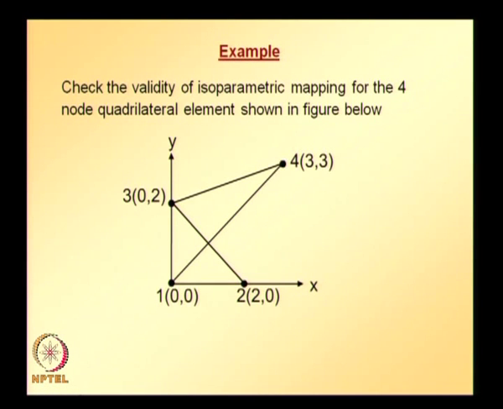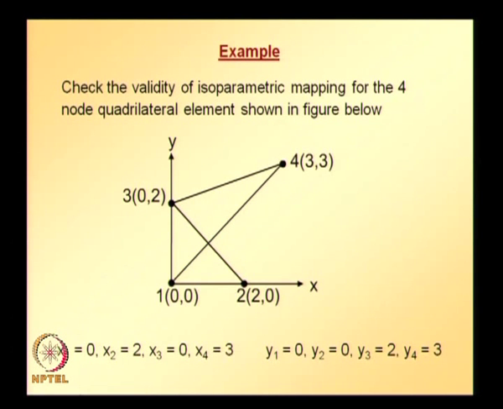Instead they should have been numbered as 1, 2, 4, 3, or the nodal connectivity should have been 1, 2, 4, 3 instead of 1, 2, 3, 4. So, let us see what is going to happen, and let us note down the physical coordinates x1 to x4 from the information given in the problem, and y1 to y4.